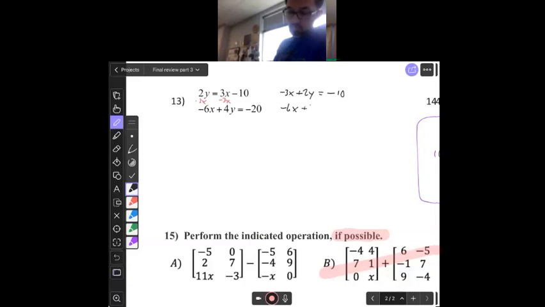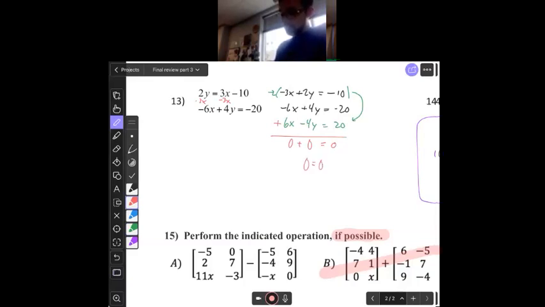And then, why do you want to do 3? Yeah, so multiply by -2. It's going to bring that down below. So it's positive 6x minus 4y, positive 20. So when you add down, you get 0 plus 0 equals 0. So there's our infinite solutions type problem.